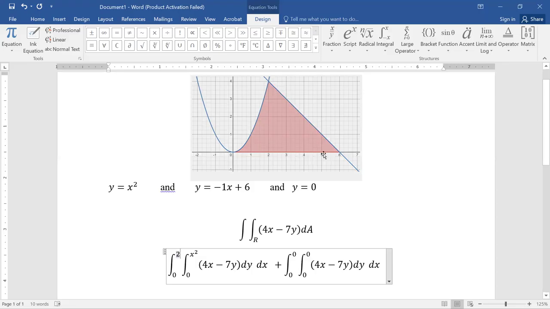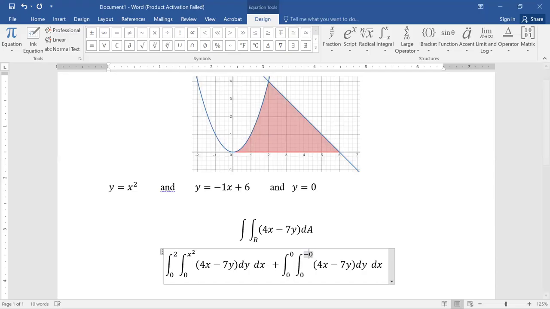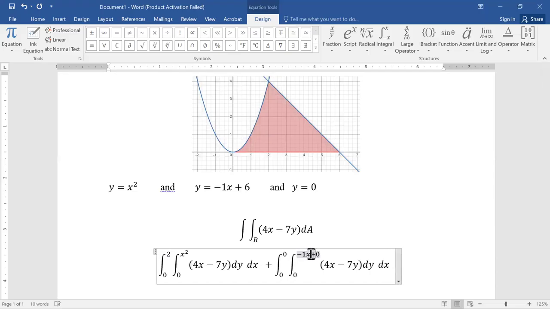On the second part, the R2, we're going from y equals 0 up to the line y equals negative 1x plus 6, and we're integrating the x value from 2 all the way to 6.